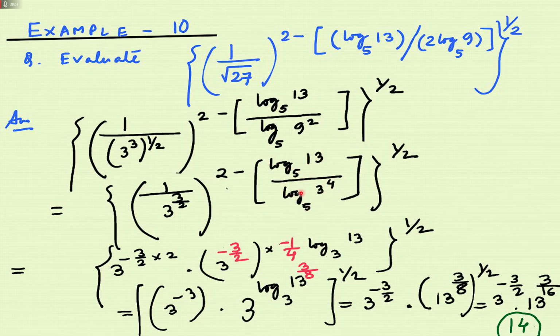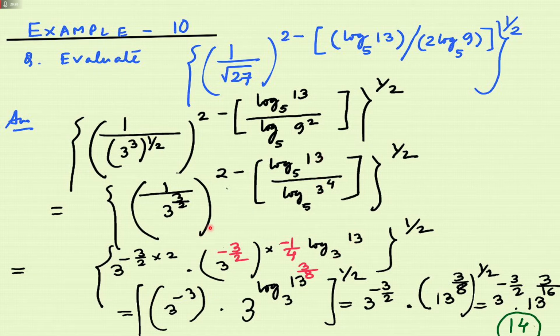Okay, now this log term will give you also 4 log 3 base 5 in the denominator, and the numerator will have 13 base 5, and these 2 will give you log 13 base 3.